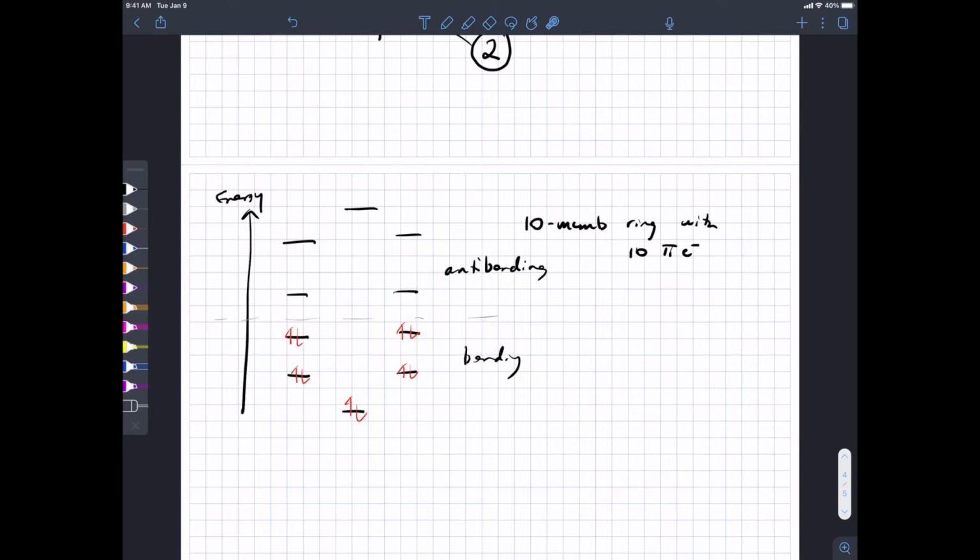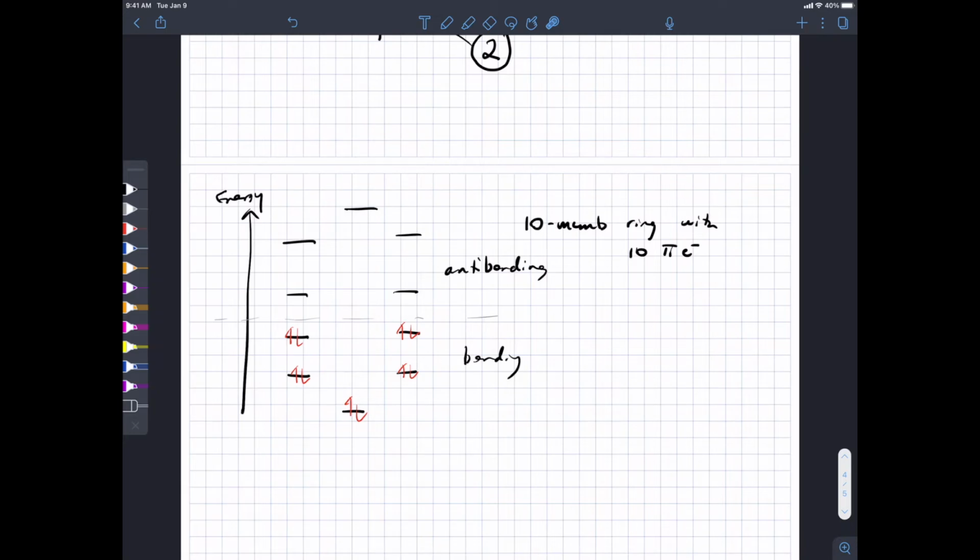Okay, that I think was a bit of a whirlwind and a little crazy, and maybe you don't care, and that's fine. If you just want to memorize the 4n plus 2 rule, that's good, but it's sometimes nice to know where it comes from. The idea is that when you make a ring cyclic, it changes the number of bonding interactions.